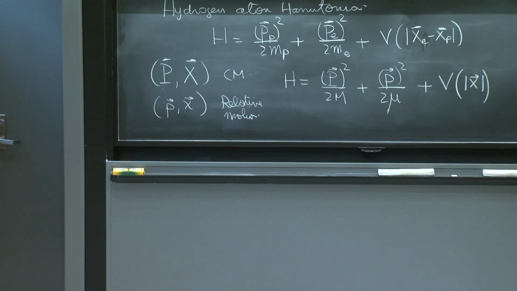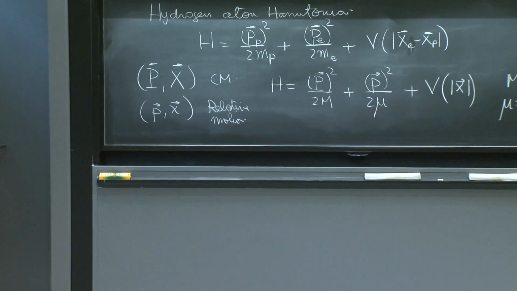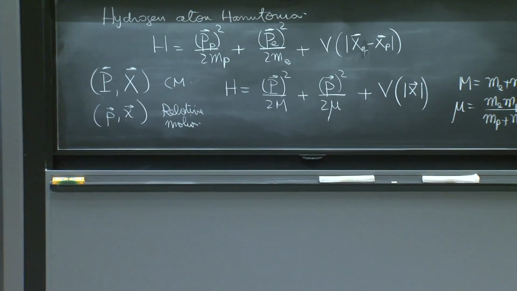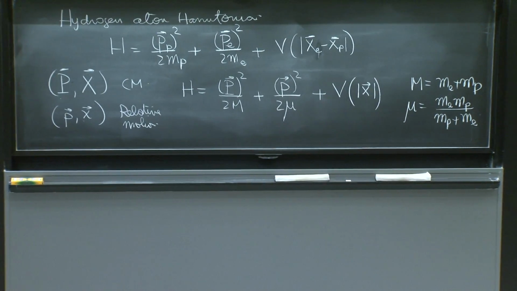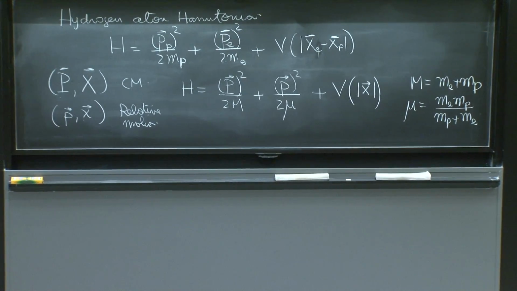And in here, the mass, capital M, was the sum of the two masses, and the relative mass was the product of the masses over the sum, which has the property that if one of the two masses is much bigger than the other, it gives you a mass mu roughly equal to the lower mass.